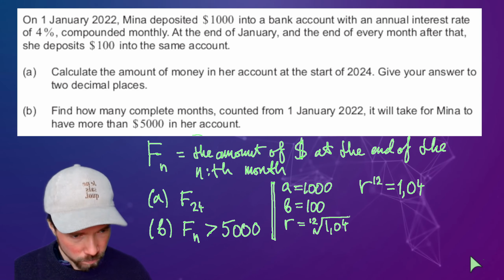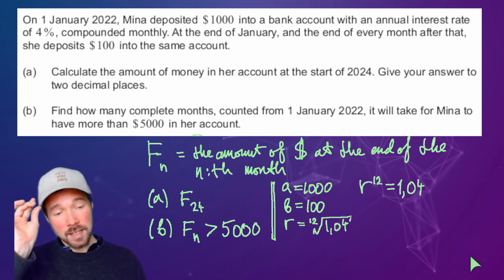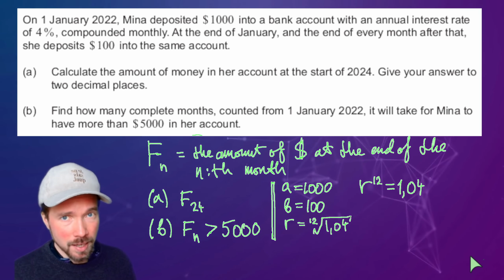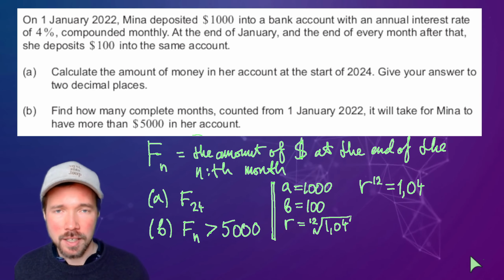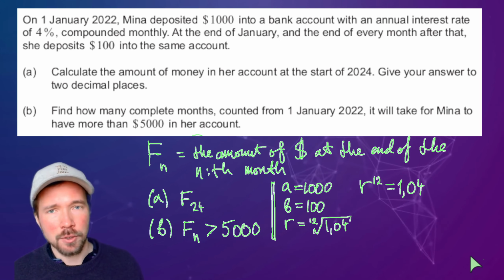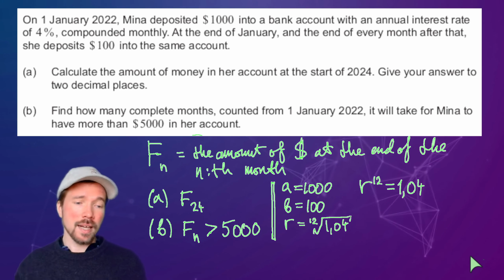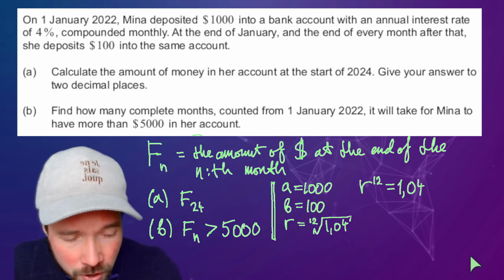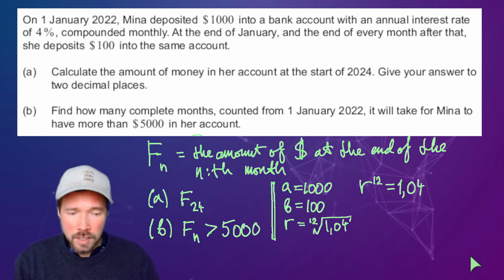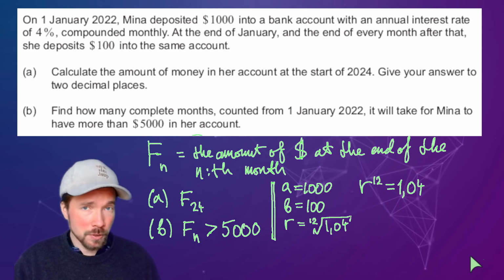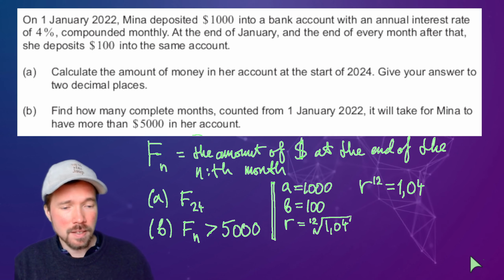Now, a piece of advice. Let's not calculate this with a calculator just yet, because we're in the middle of the exercise. It doesn't make any sense to waste time calculating this at this stage. In general, I recommend not using your calculator until the very end of the exercise for 2 reasons. Number one, it spends time.